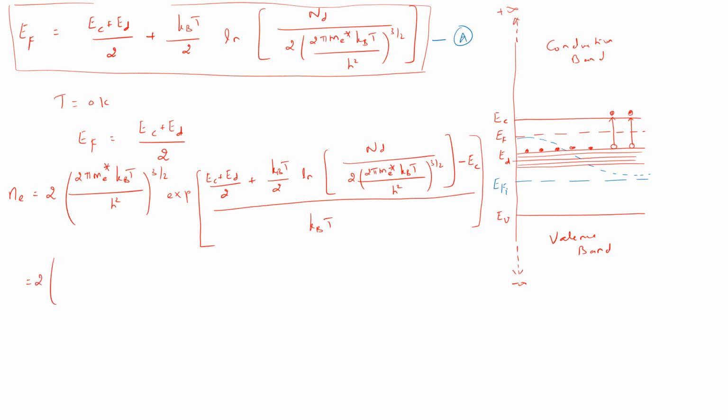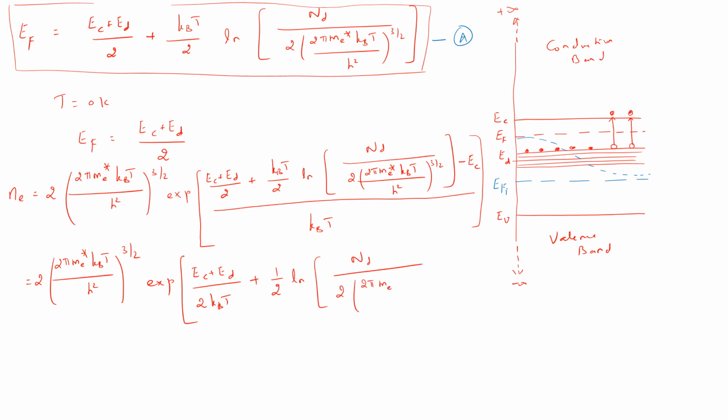So 2 into (2 pi me star kBT divided by h square) whole power 3 by 2 exponential of EC plus ED divided by 2 kBT plus, if I bring it up, this kBT and this kBT get cancelled, I will have 1 by 2 ln of ND divided by 2 into (2 pi me star kBT divided by h square) whole power 3 by 2, minus EC divided by kBT.